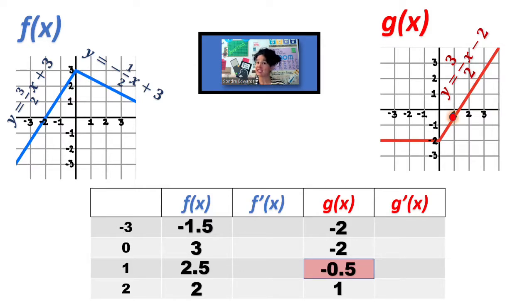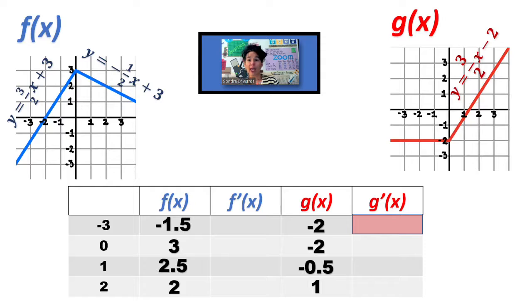But if it's not obvious and we're on a line, we need to figure out what's the equation of the line containing that point. And once we have the equation, we can substitute into that function and then we'll have our answer. Okay, next we want to evaluate the derivatives at these x values.